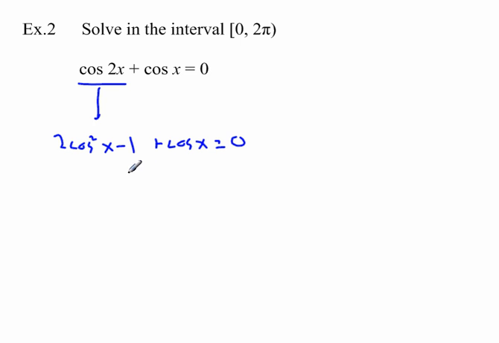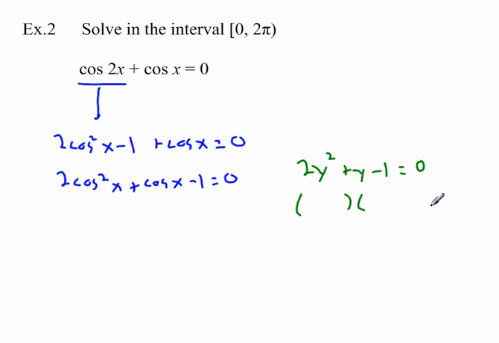Let's try to move things around a little bit. 2 times the cosine squared of x plus the cosine of x minus 1 equals 0. And this goes back to an algebra 2 type problem. So if we have 2y squared plus y minus 1 equals 0, we would factor this as 2y minus 1 times y plus 1, and then solve both of these, and we know how to do it from there.